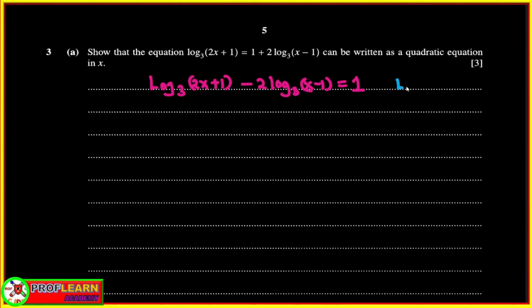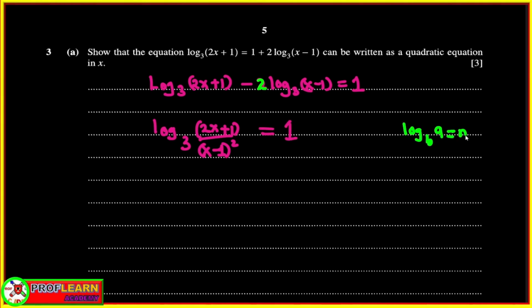Remember this law, I can take these 2 up, and then we end up having log of (2x plus 1 over x minus 1), but I'll square this because there was that 2 in green, and it equals 1.